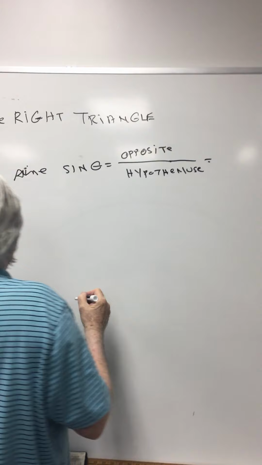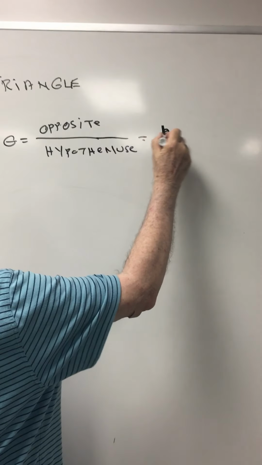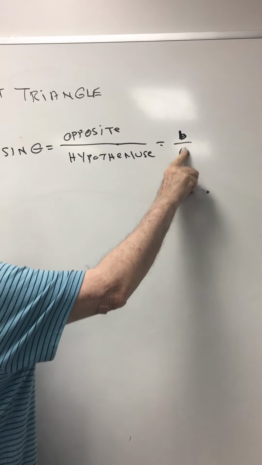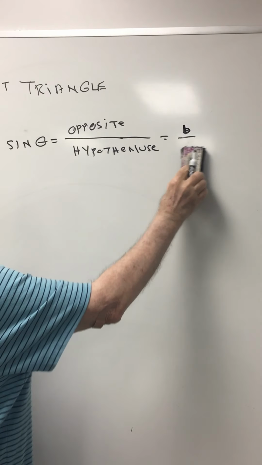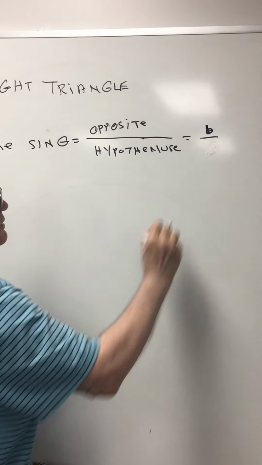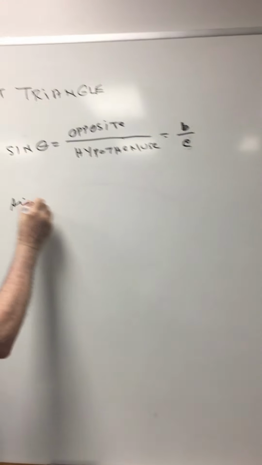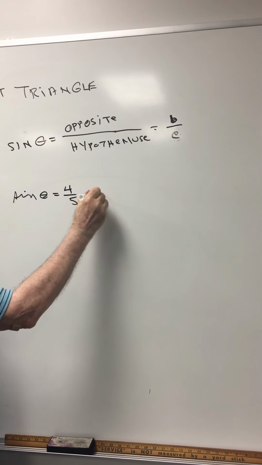So that's going to be equal to B over C. In our little example, B was equal to 4, and we figured out that C was equal to 5. So the sine of the angle is going to be equal to 4 divided by 5, and that comes out to 0.80.